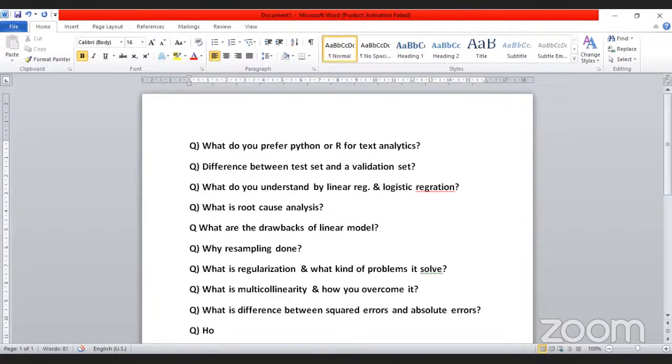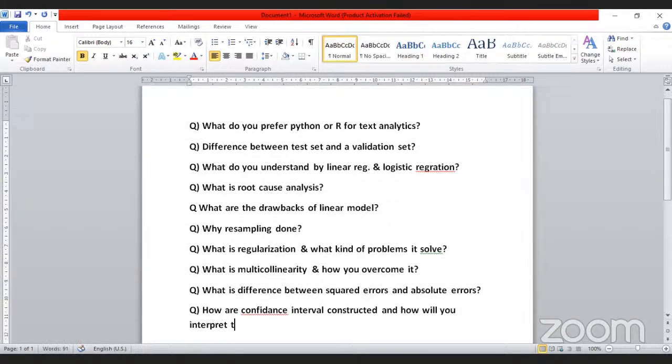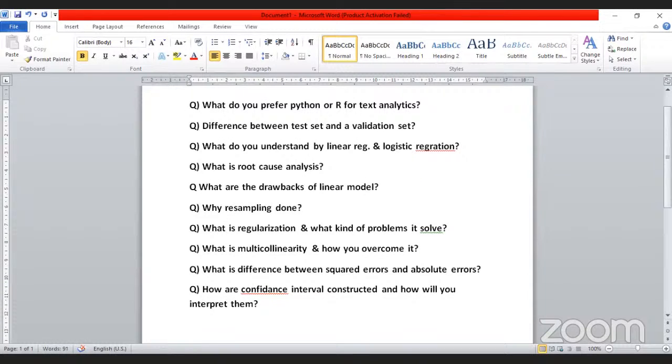How are confidence intervals constructed and how will you interpret them? This is the question.